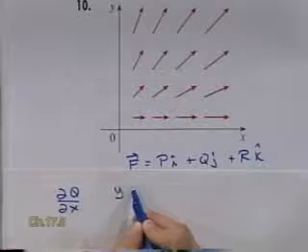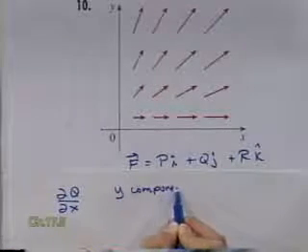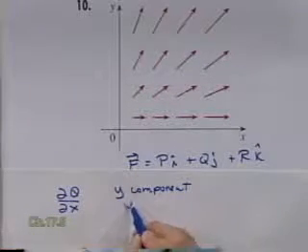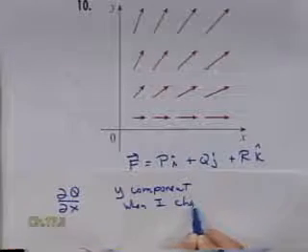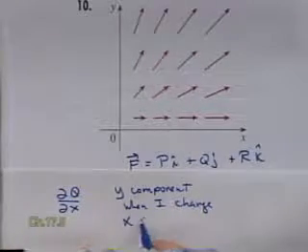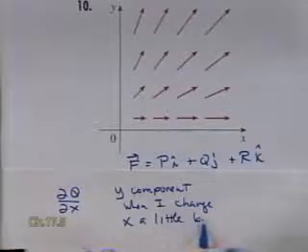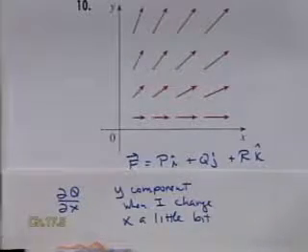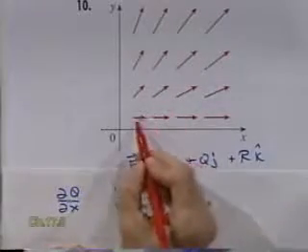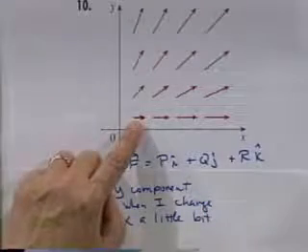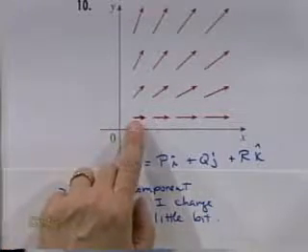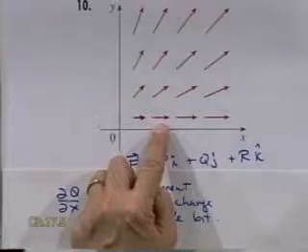So I'm saying, how does the y component of the vector field change when I change x a little bit? Okay, well let's look. Here I am. What's the y component of that vector? As I change x a little bit, what's the y component of that vector?